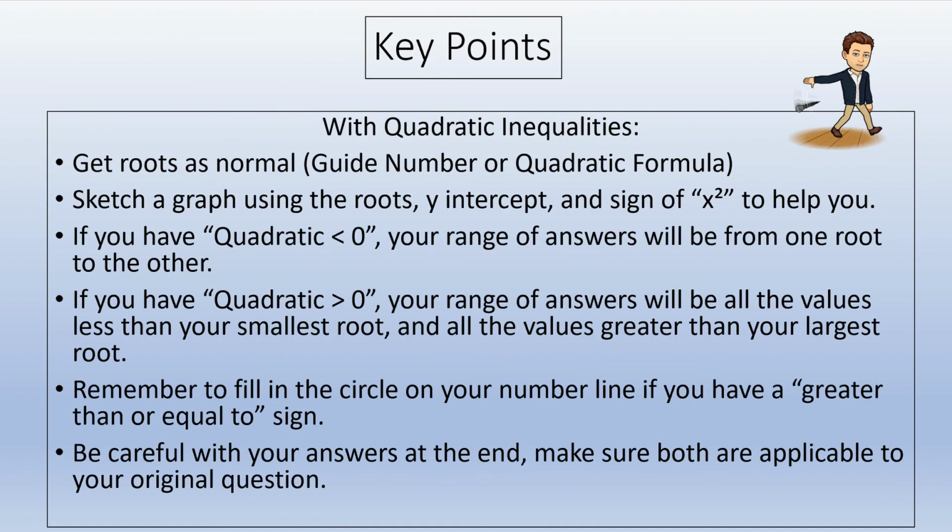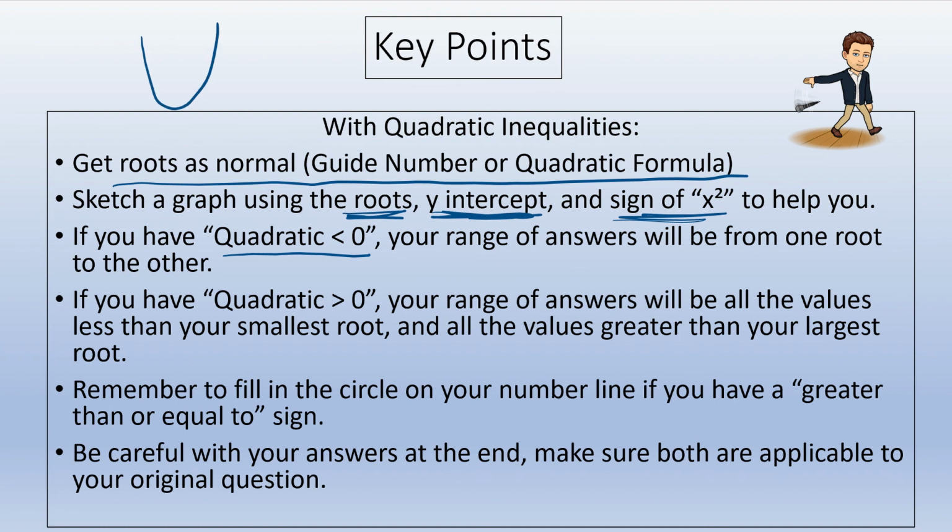Your key points with quadratic inequalities: get your roots as normal, using the guide number method or your quadratic formula, then sketch a graph using your roots that you already found, your y-intercept, which is the constant at the end of your quadratic, and the sign of your x squared, whether it's going to be a positive U shape or a negative N shape. If you have your quadratic less than 0, your range of answers will be from one root to the other.